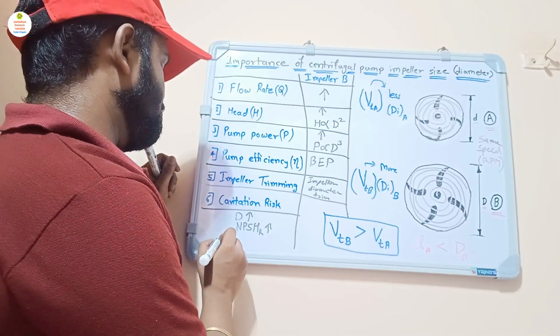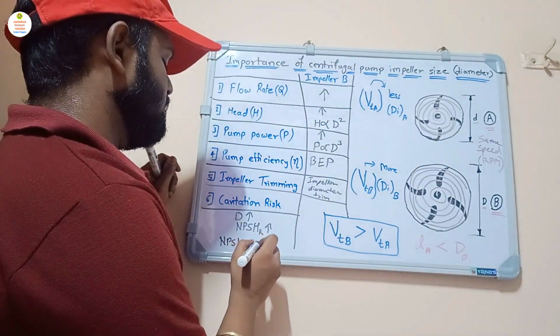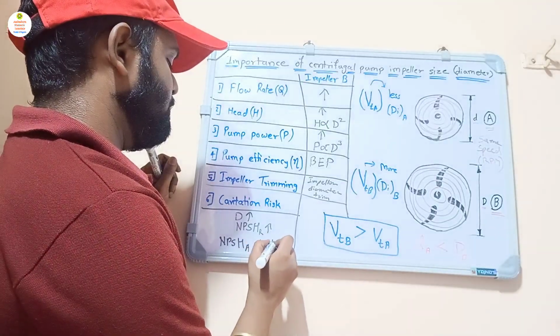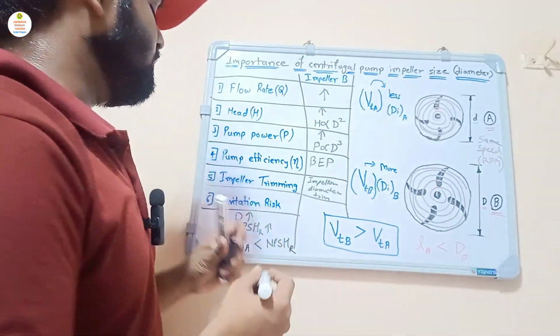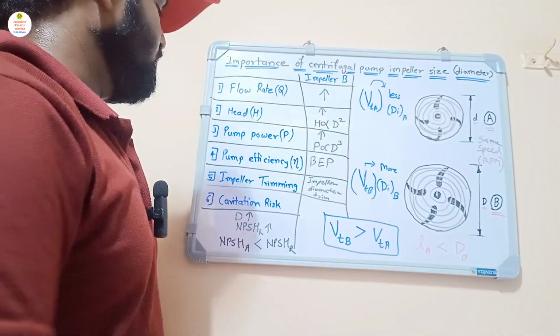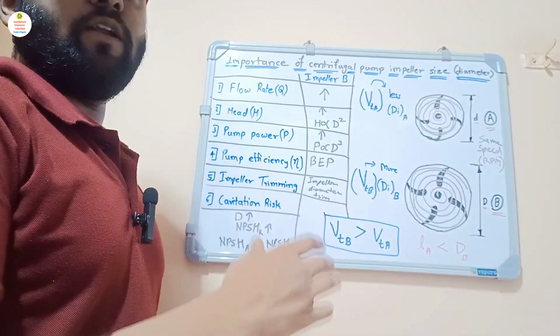If the NPSH available is less than NPSH required, then there is a possibility of cavitation, which can damage the impeller.